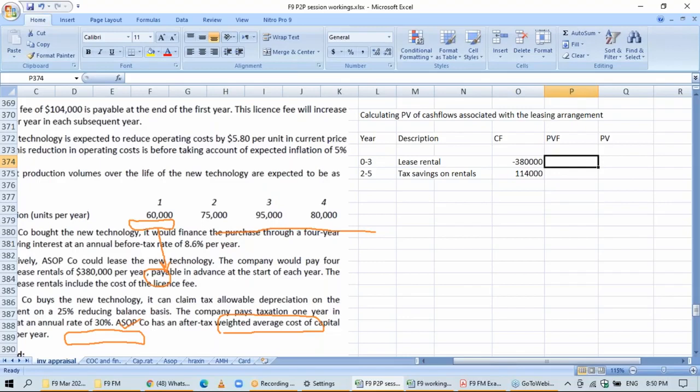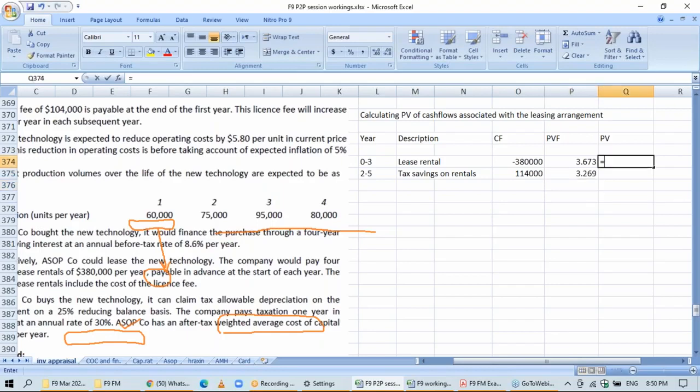So we'll be using an annuity, and the annuity fraction will be 3.673 for the lease rentals. I will tell you how I got this 3.673, and for the tax savings, the annuity fraction will be 3.269. Now let me tell you how I got these.